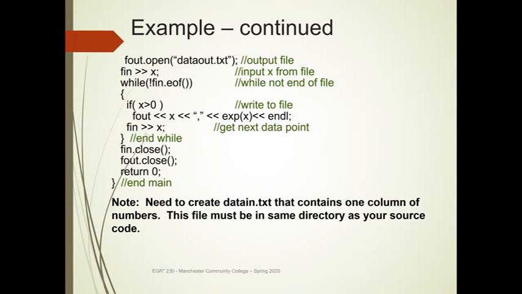So you keep reading in, keep performing this math operation, until you get to the end of the file, then you get out of the loop, and then you just close the input object and the output object, okay? Now, one of the notes here, of course, you need that data file to be in the same directory. You need to create it or add it to that directory. Okay.